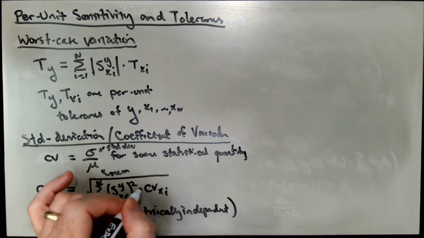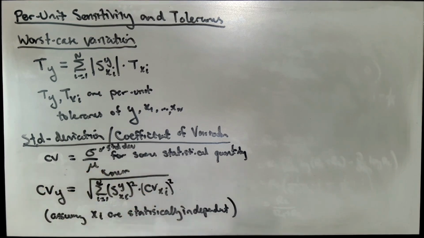This is actually squared. So it would be the variance of y is equal to the sum of the squares of the variances of our parameter values. And so the way that these sensitivities come into play is that they weight the variances by their squares.